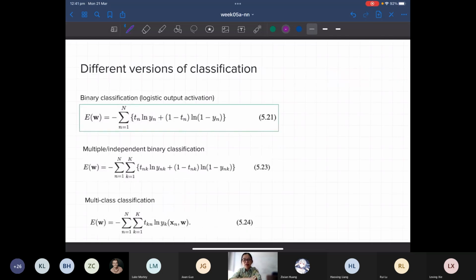So inheriting this binary logistic output activation objective, we can also write out slightly different classification problems, right? The first one is called multiple independent binary classification tasks. So this represents what AlexNet, ResNet, well, basically, let's say image classification neural nets do.